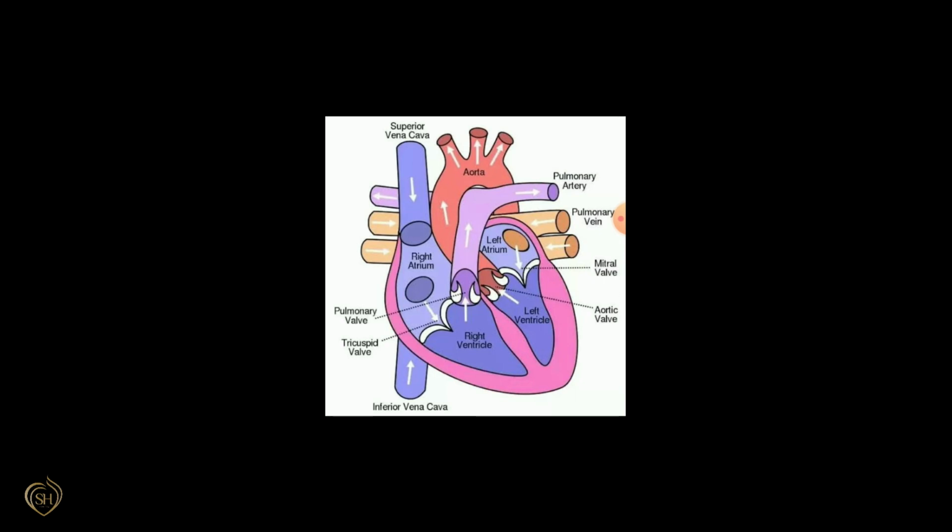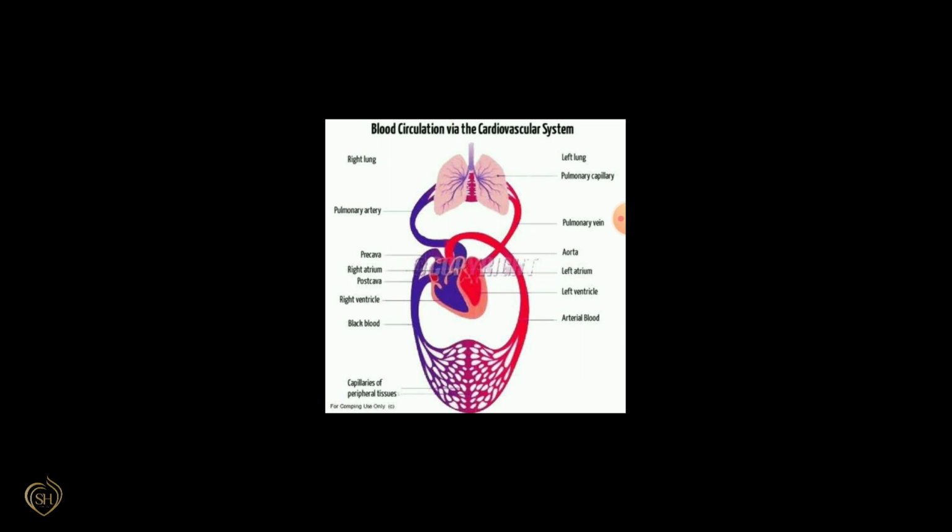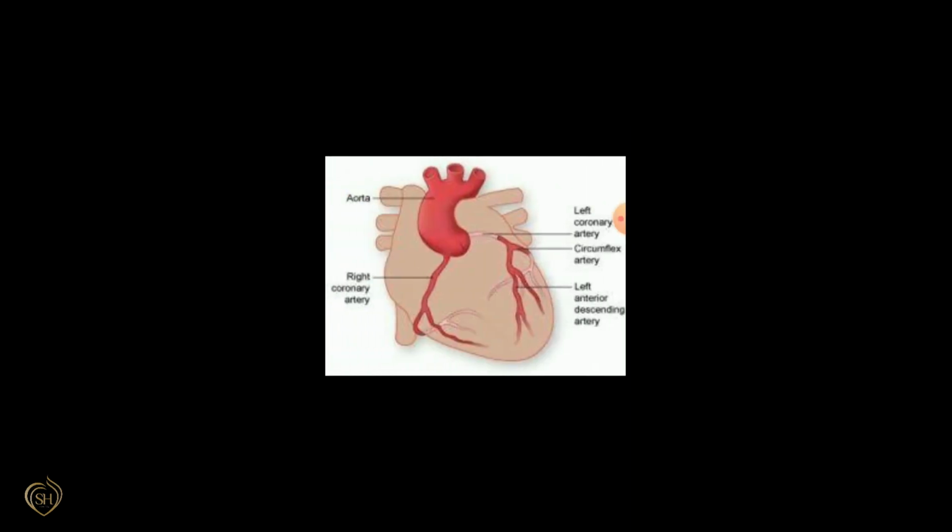Which are the blood vessels entering and leaving the heart? Then, in connection with the heart, there is another important artery, that is coronary artery. What is the role of coronary artery? Coronary arteries arise from the base of the aorta.